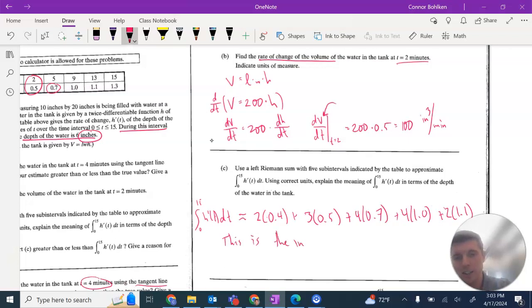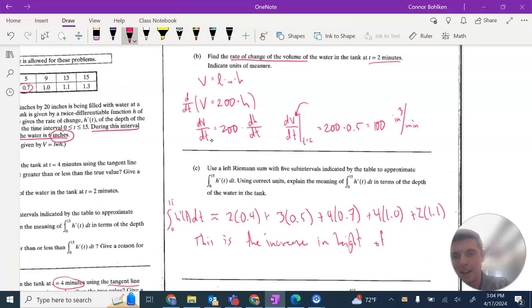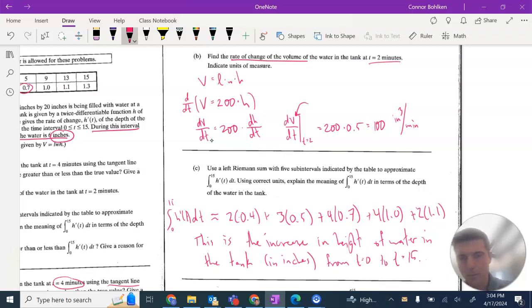This is the increase in height of water in the tank, in inches, right? Because it says indicate units, from t equals 0 to t equals 15.